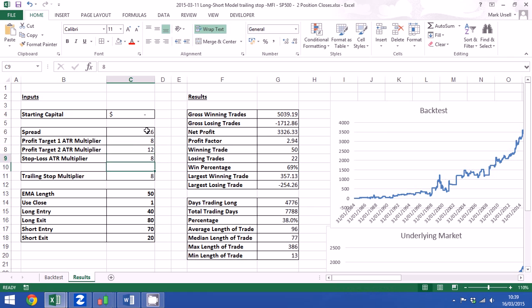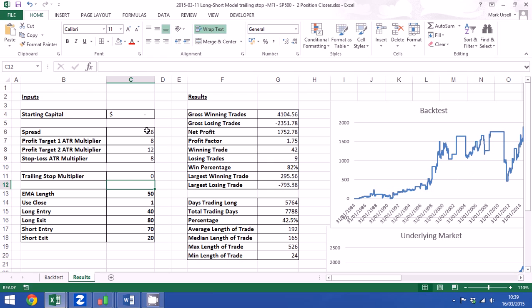We're also using a stop loss, also based on the ATR, and we're using a trailing stop as well. You can take this on or take it off. The trailing stop is of course designed to lock in profits once the position moves in our favour.